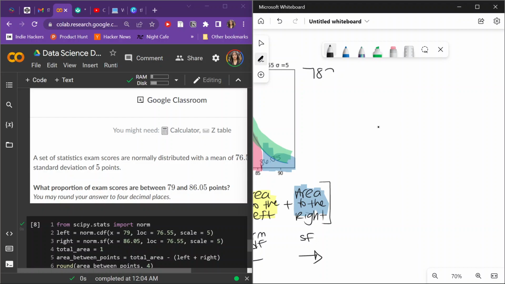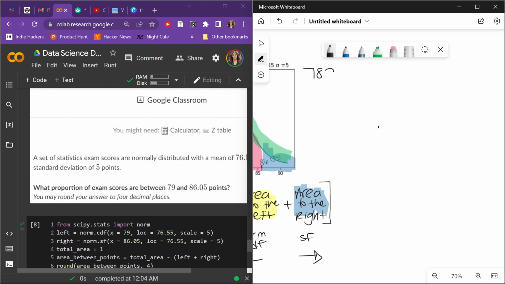And it's going to be the normal CDF function, and it's going to literally look like this. That's all you're getting, and you have to know which values to put in there. So the values that I like to call it are lower bound, upper bound, mu, which is your mean, and sigma, which is your standard deviation.